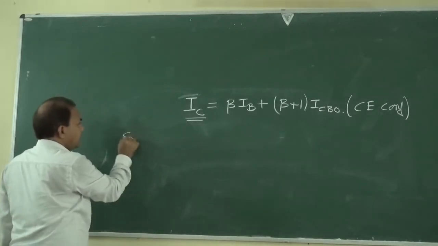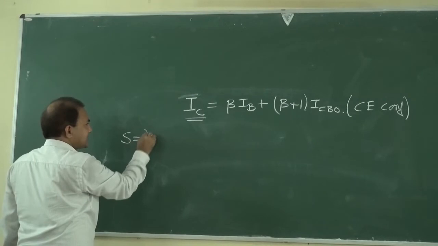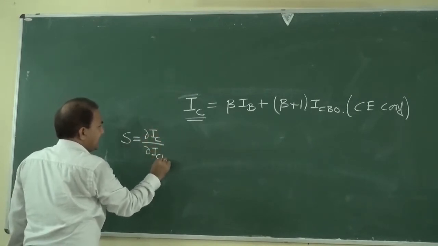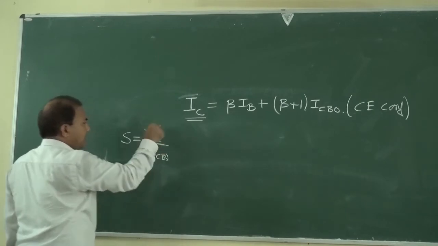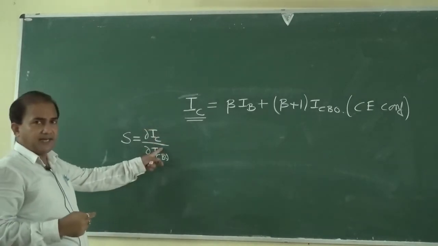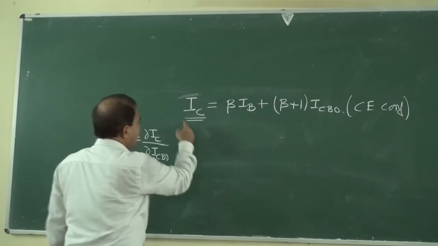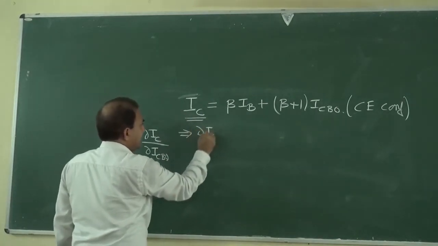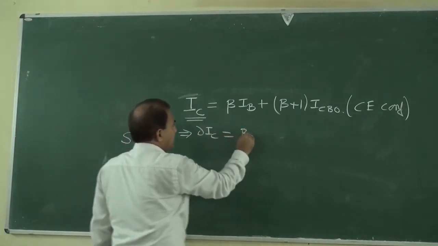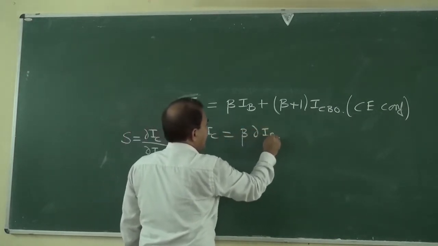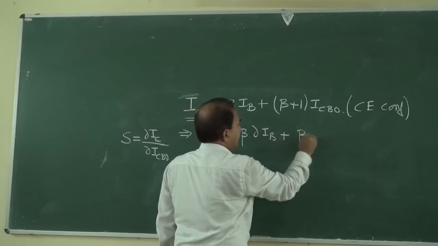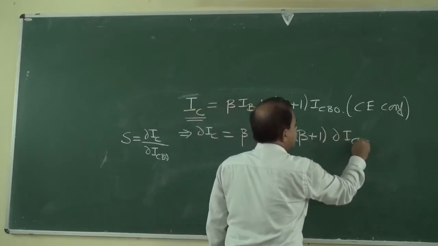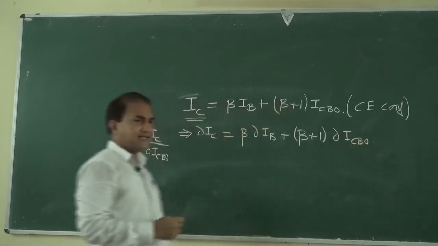Now we know that stability factor S is equal to del IC by del ICBO when beta and VBE are constant. Now we can write this equation like this: del IC is equal to beta del IB plus beta plus 1 into del ICBO.